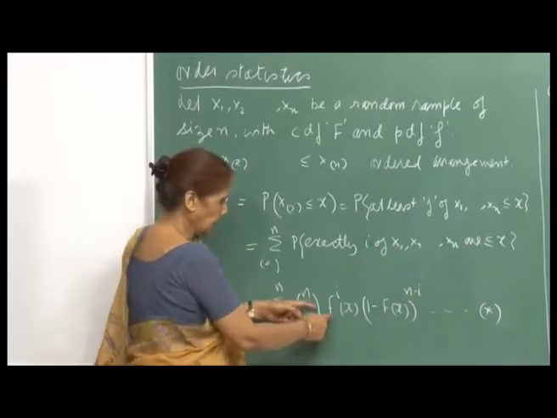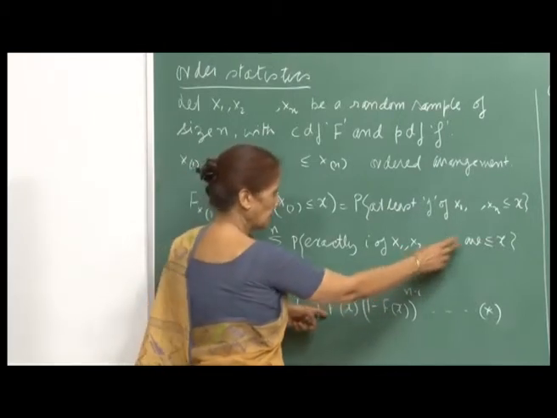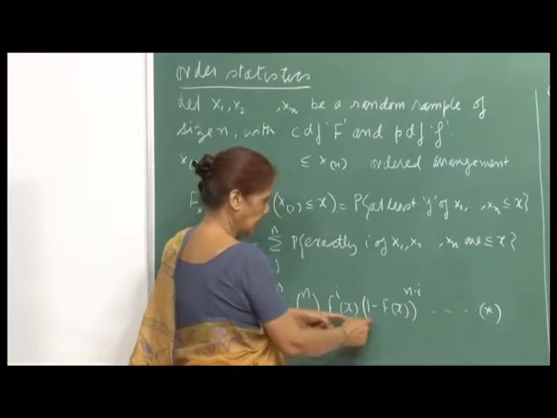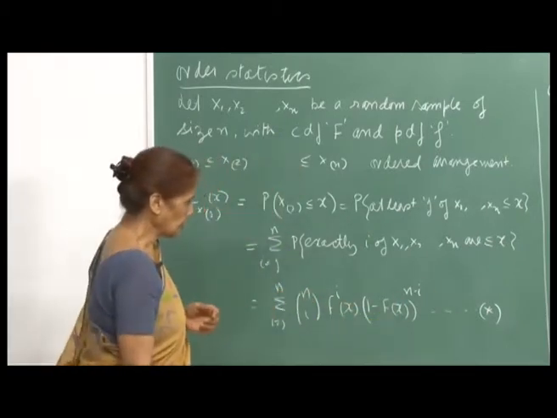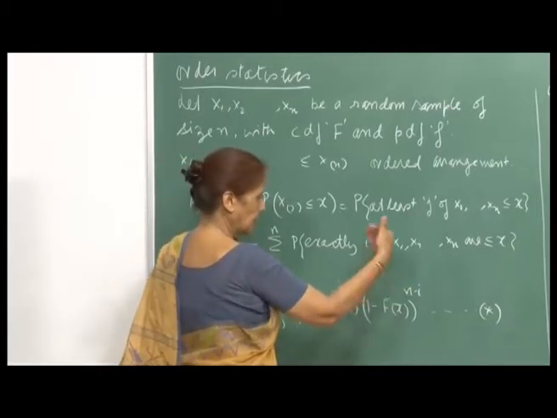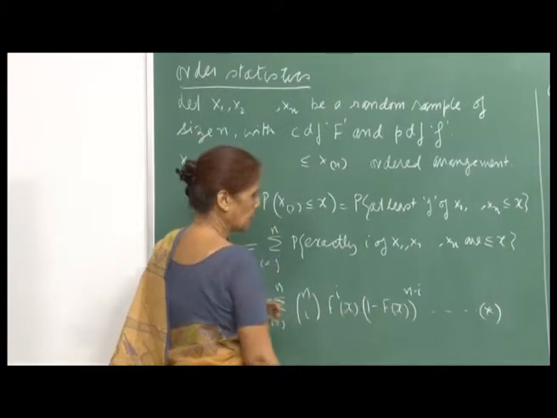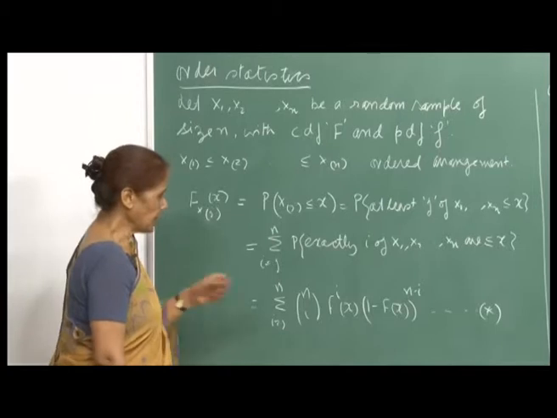So nCi, and then F(x) to the power i, because i of them you want to be less than or equal to x, into (1 minus F(x)) to the power n minus i. The remaining n minus i are greater than x, because exactly i of them are less than or equal to x. So you are summing this up.